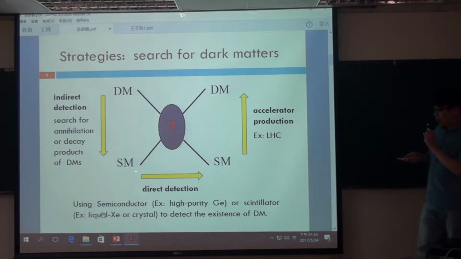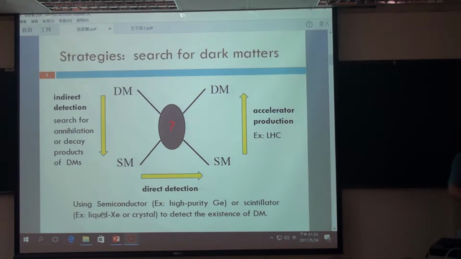That means people use standard model particles to try to observe the interaction signal between the dark matter and the standard model particle. And in this talk, I'm mainly focused on direct detection.